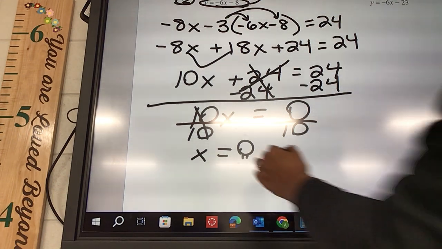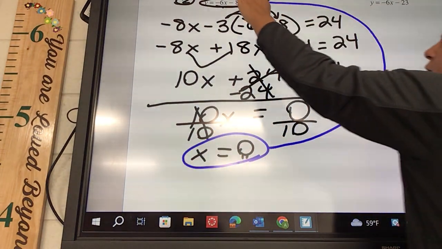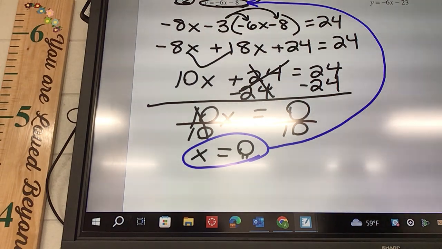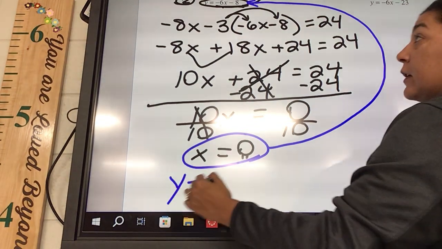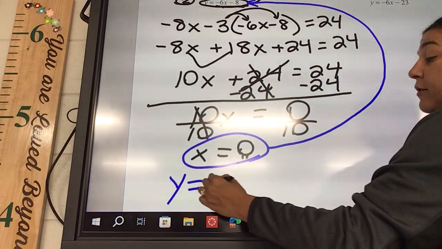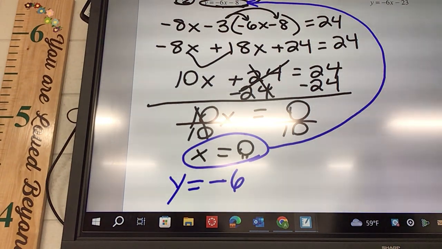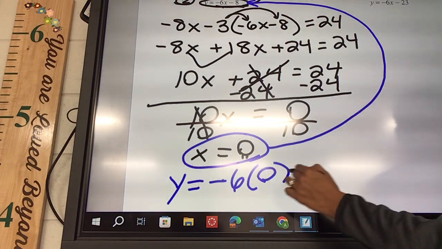So we're going to take this, and it's going to get plugged into whatever we have circled up here for the x. So it's really going to look like y equals, and we said earlier it was negative 6x minus 8, so negative 6. And instead of x, what do we know that x is now? 0. So we're going to put the 0 there.